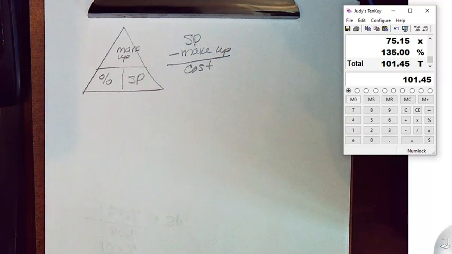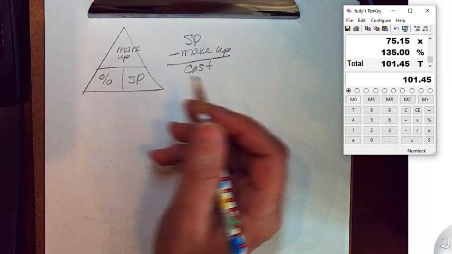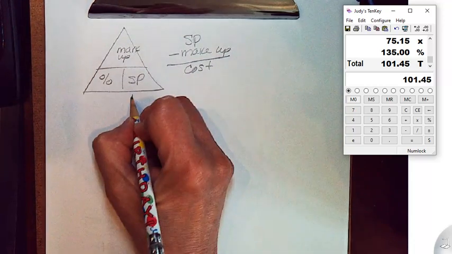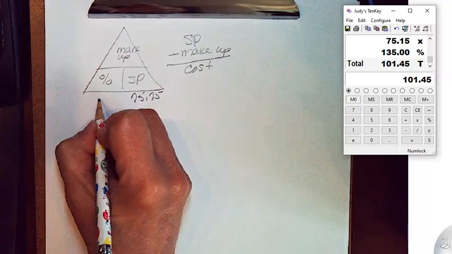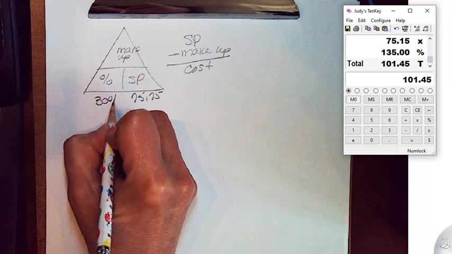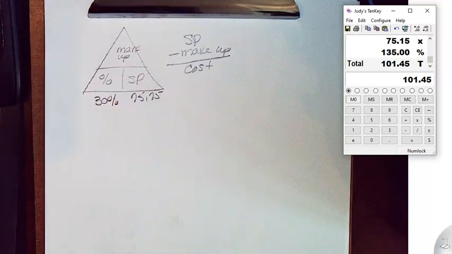So I think we'll go to part D first. Let's go to part D, number 26. So the selling price is $75.75, and I know that the markup rate is 30% on chairs or couches or whatever it is.